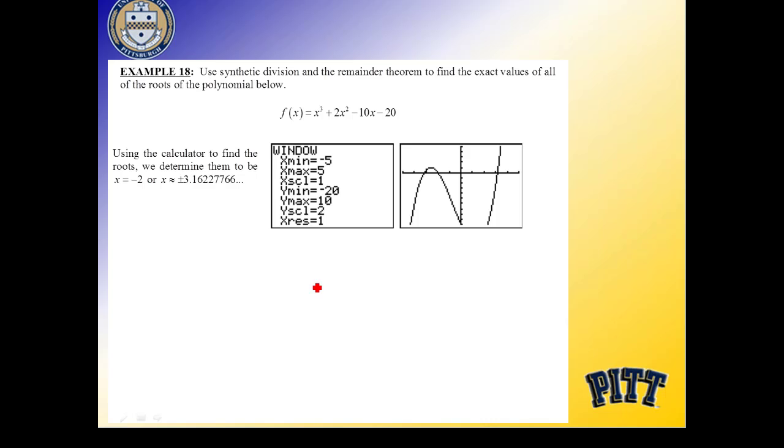If I'm looking for the roots, I'm looking to see where this graph crosses the x-axis. Because remember, a root would mean that f of x, or in this case y, would become 0.